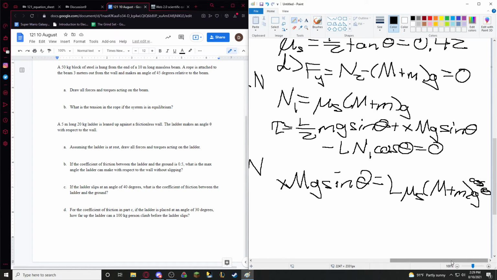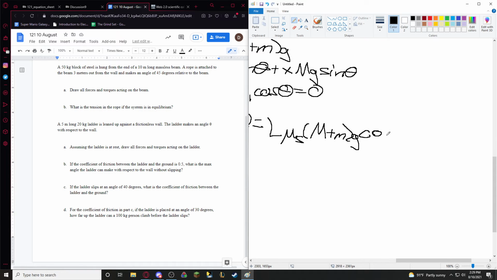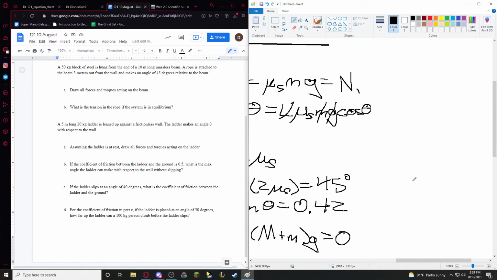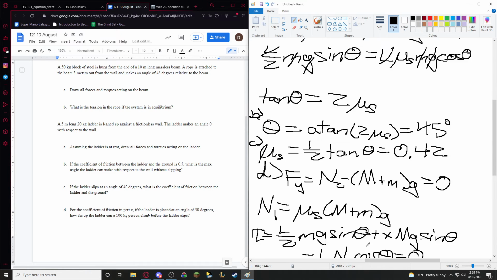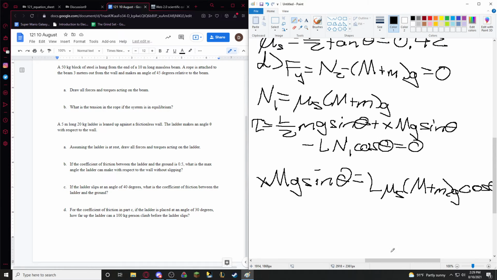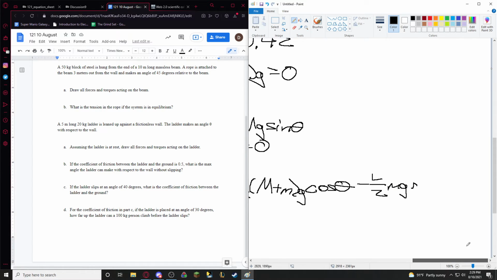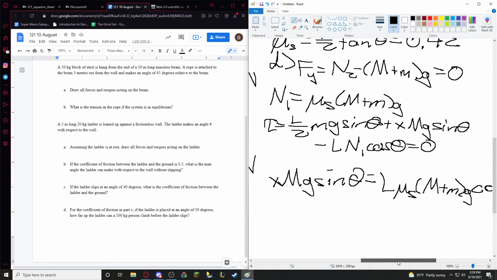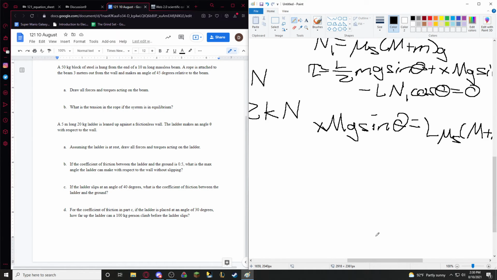Running out of room on the side. Let me actually just go ahead and expand it. There we go. And then we just solve for x, right? We just divide by big M g sine theta, and we can solve for x.